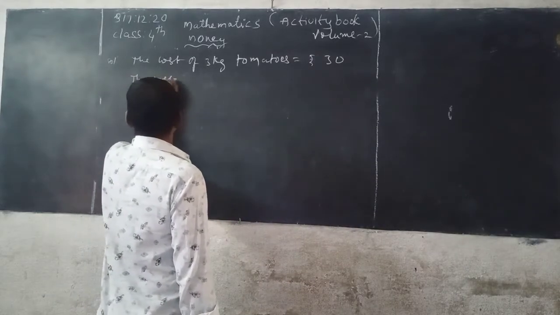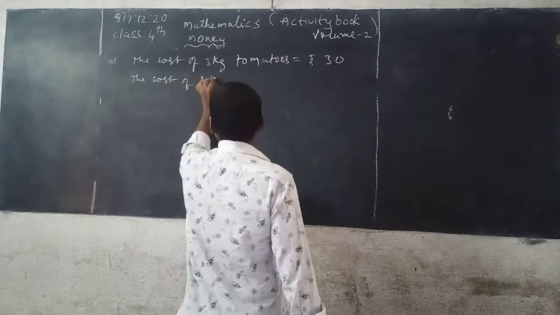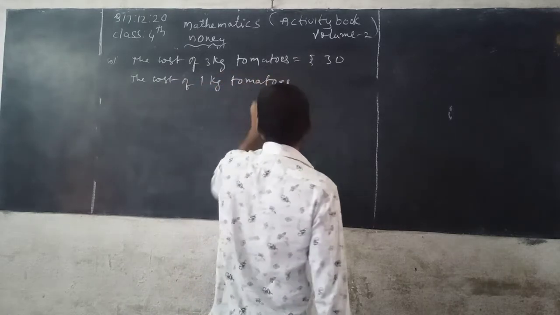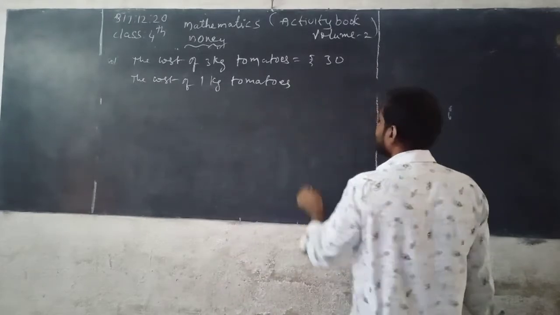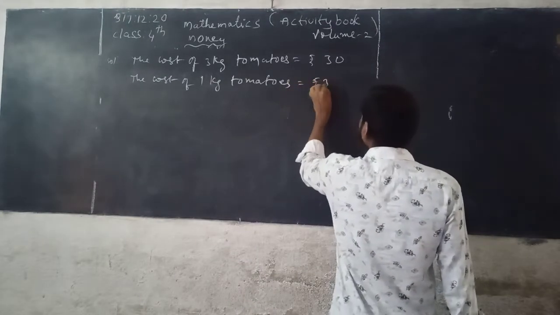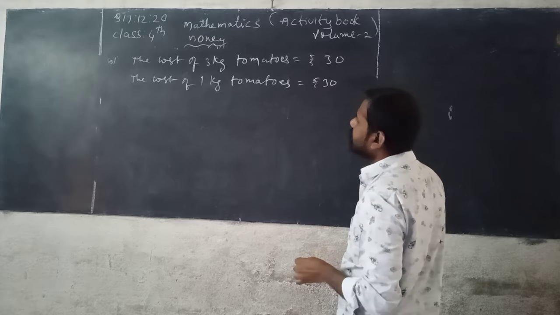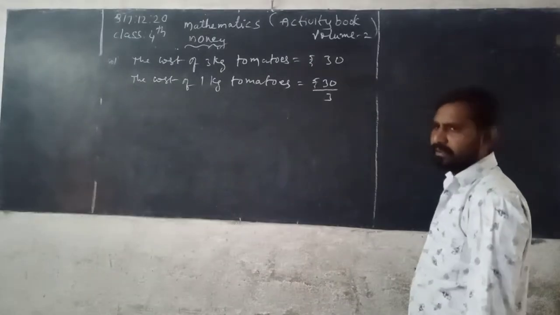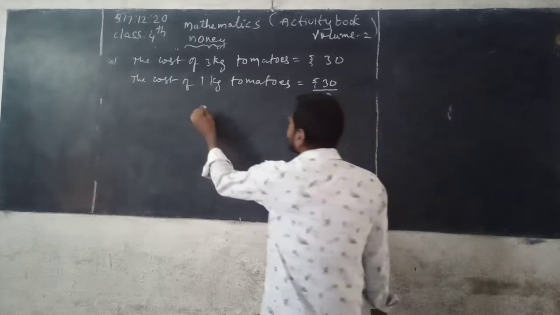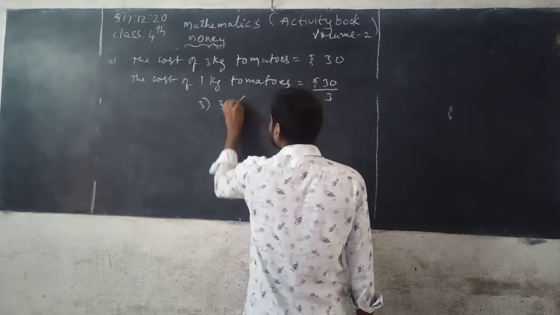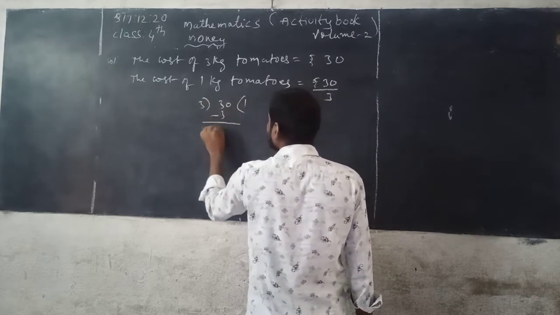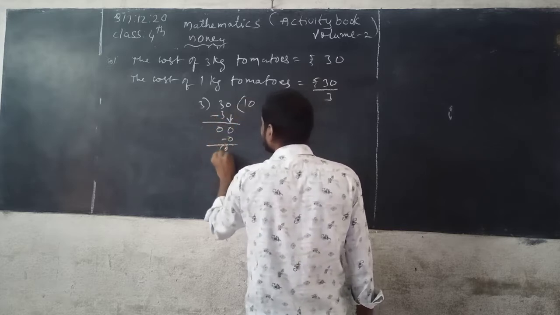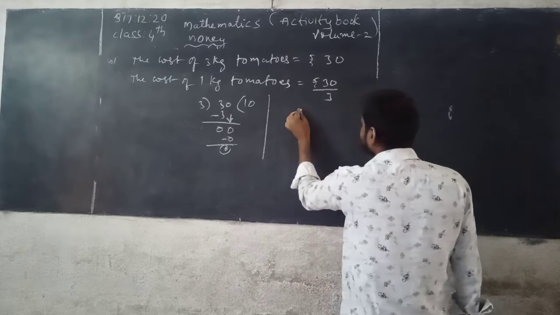What do I have to do? You can divide. So 30 rupees is divided by 3. You can read the 3 table. 3 1s are 3, 3 minus 3 is 0, bring down 0, 3 0s are 0, 0 minus 0. So one method is done.